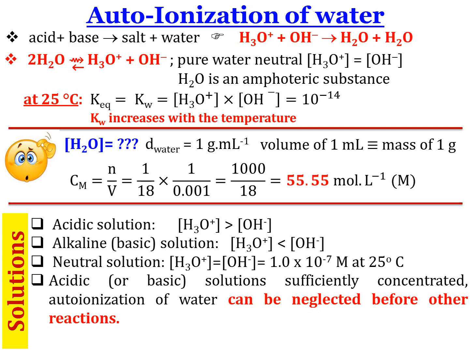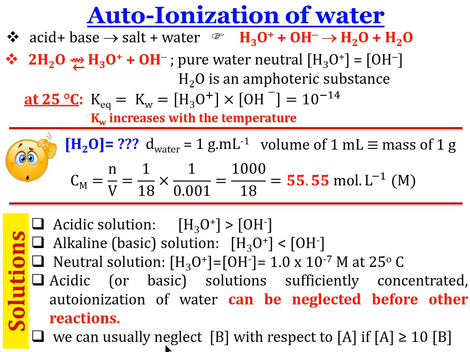So 10 minus 7 molar is negligible with respect to 0.1 molar, and in this case, since the concentration of HCl is high, we neglect the auto-ionization of water. Pay attention, not in all cases can we neglect the auto-ionization of water. We will see in the next slides when we can neglect it and when we cannot.